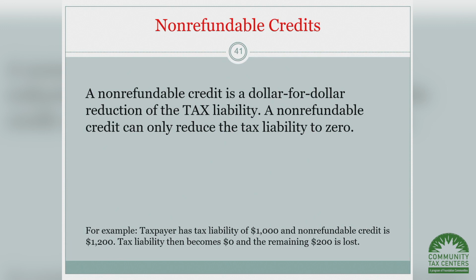So, for example, a taxpayer has a tax liability of $1,000, and the non-refundable credit is $1,200. The tax liability becomes zero, and the remaining $200 is lost. So you can only reduce your tax liability to zero. Does that make sense?